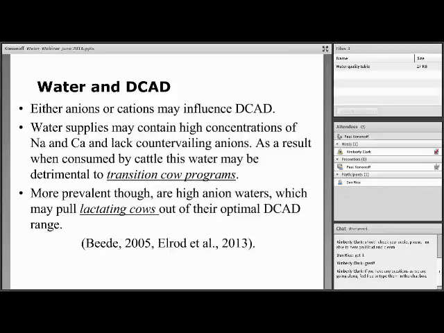The reality is more frequently what we see are high anions, which may also pull lactating cows out of their optimal DCAD range. So if you've got nutritionists looking at DCAD numbers, I highly recommend that they also get an estimate of these minerals in water and get an estimate of total water intake.